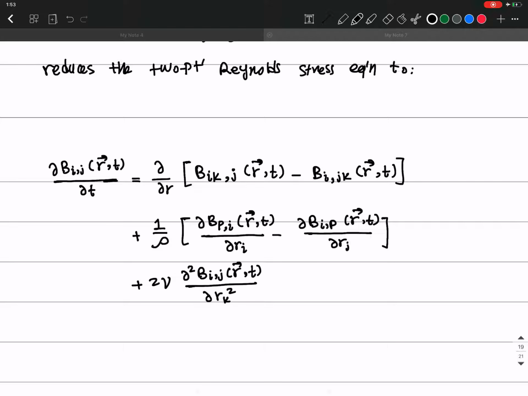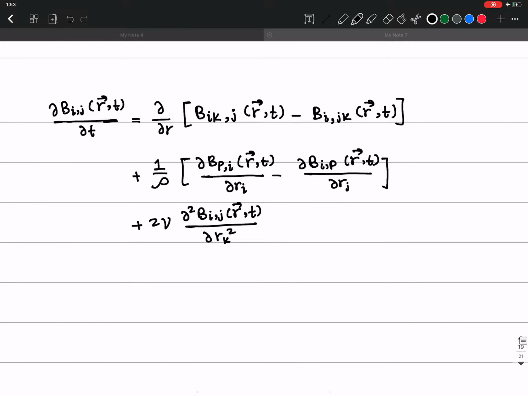And I still want to make this even further simplified to be able to understand something out of it, okay? So one thing, these are the 2 point Reynolds stresses for all the velocity components, like B12, B13, right? All these different velocity components.